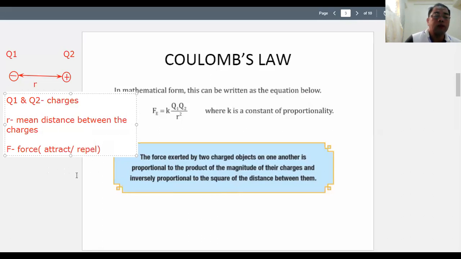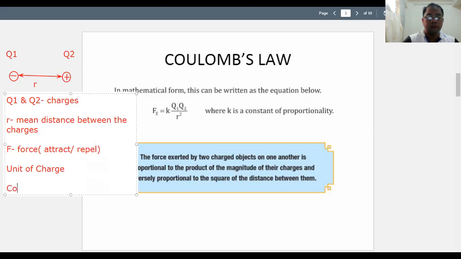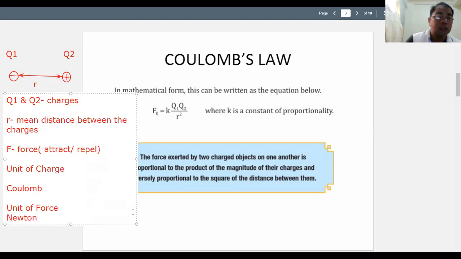Usually the unit of our force is of course in Newton. The unit of our charge is in Coulomb, in the SI or metric system.